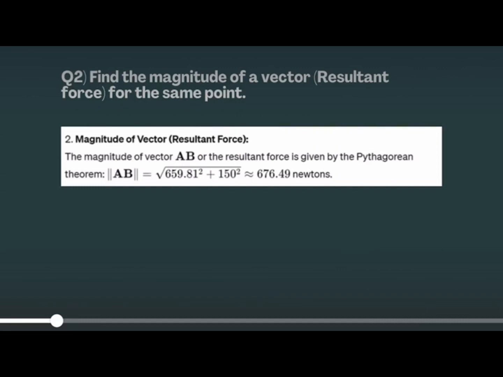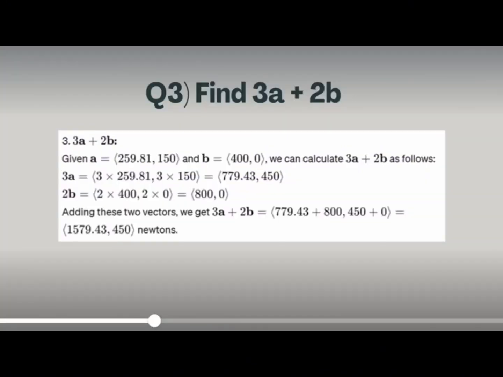We used the normal formula of the magnitude, which is V equals square root of A to the power 2 plus B to the power 2. We just substituted. I didn't write the formula because it's very obvious and I just mentioned it. And we found that the magnitude was 676.49 newtons.